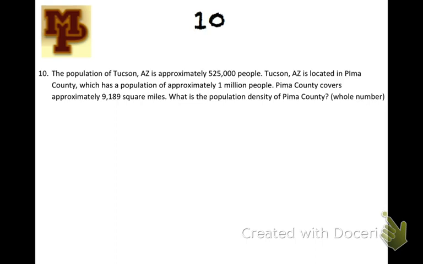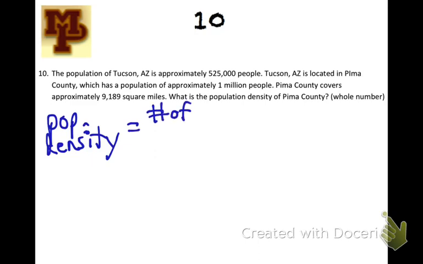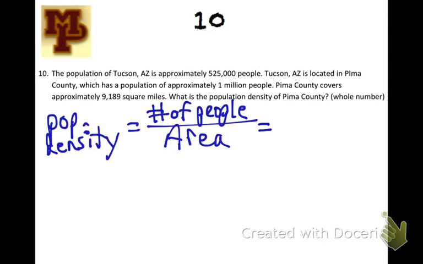Okay, population density. With population density, you can figure out how dense it is with people. So you take the number of people, divided by the area. You have to read the question carefully.